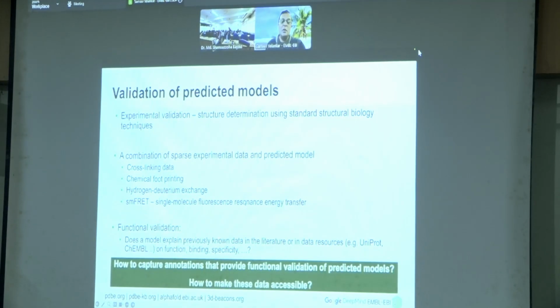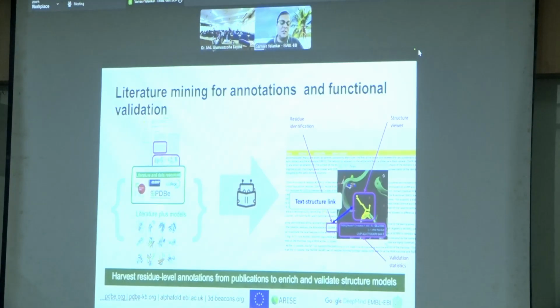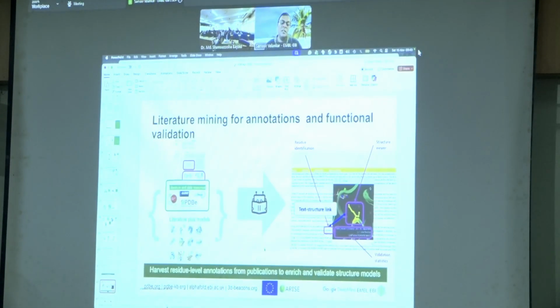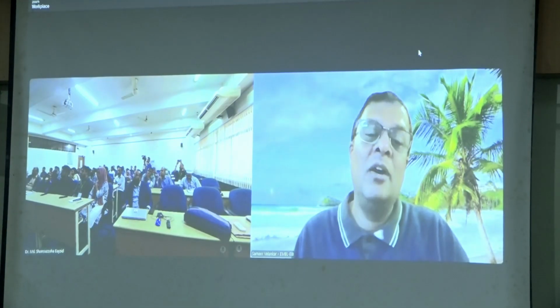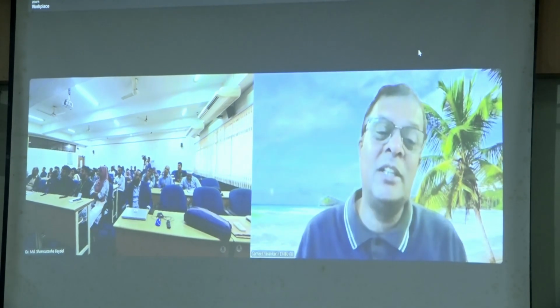And so, what we are trying to do actually is to look at huge amount of data in literature to see, can we extract that data, can we understand the residue level annotations, and can we then use that to validate the protein structure. And this I call functional validation. This is not validation of the geometry of the protein. It is validating whether the actual structure is right or not.